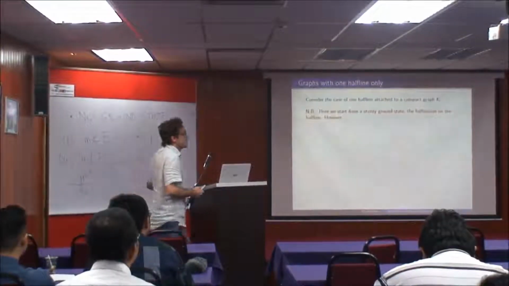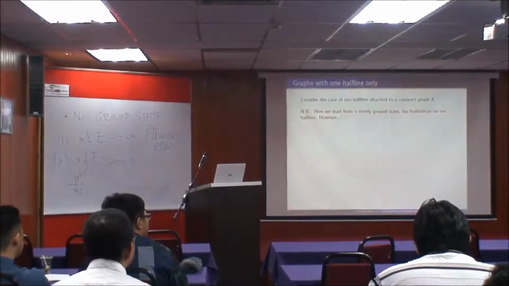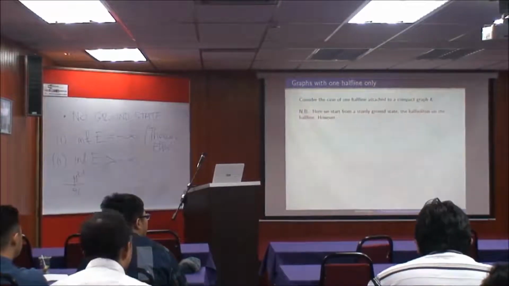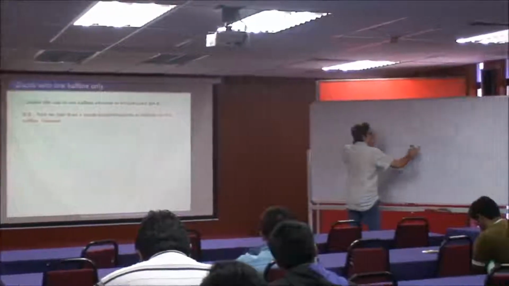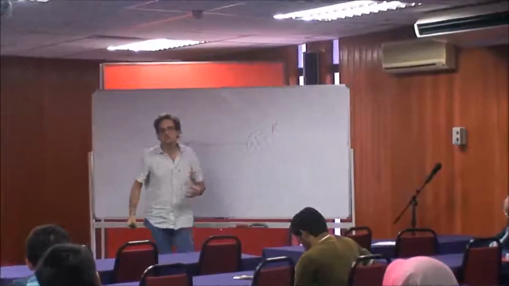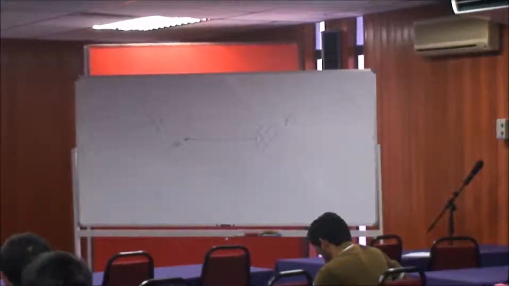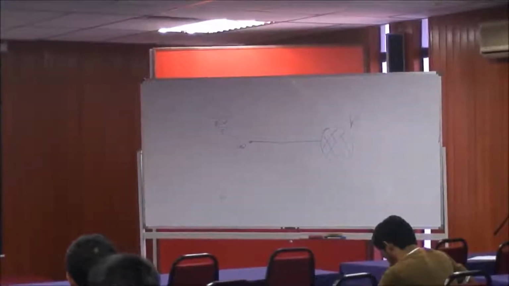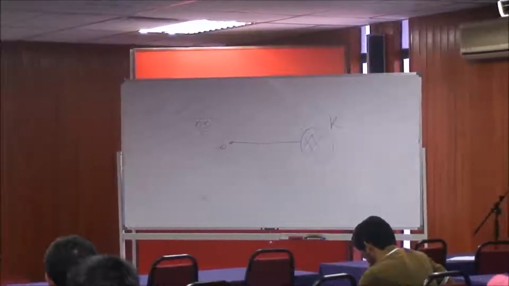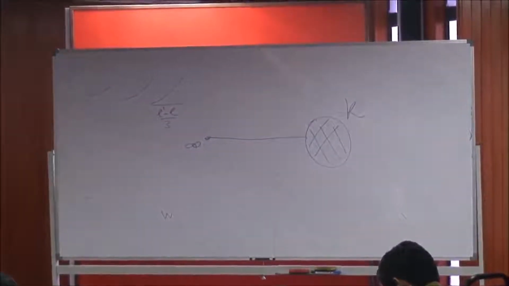But on the other hand, you can say, okay, but one half line is the best possible graph. How is it possible that attaching something here, you lose the ground state? Indeed, the first conjecture on which we worked was that if you have only one half line, then you always have a ground state. But then we saw that it is not true.